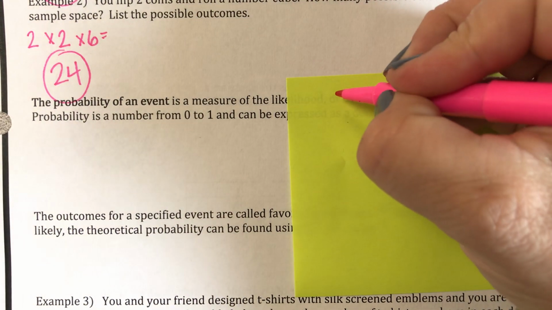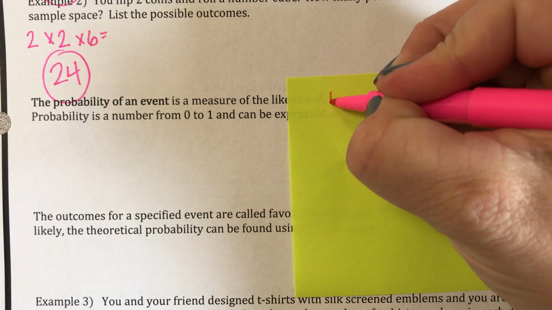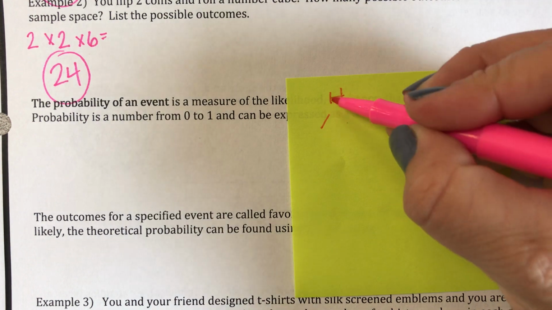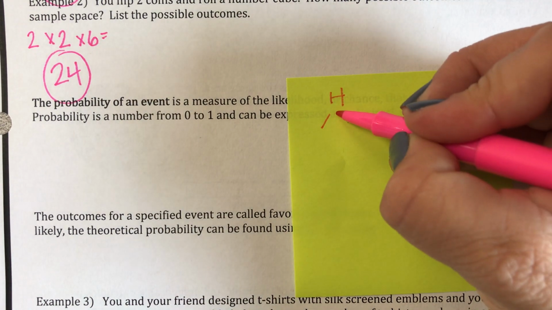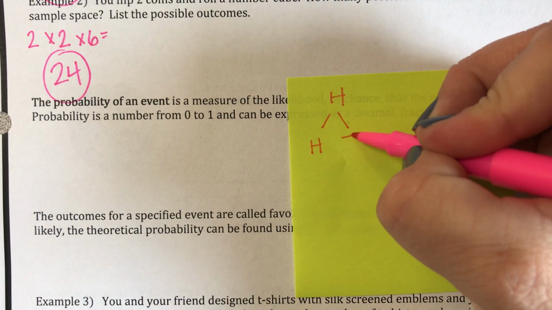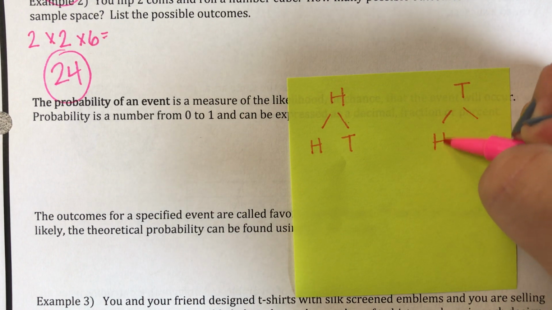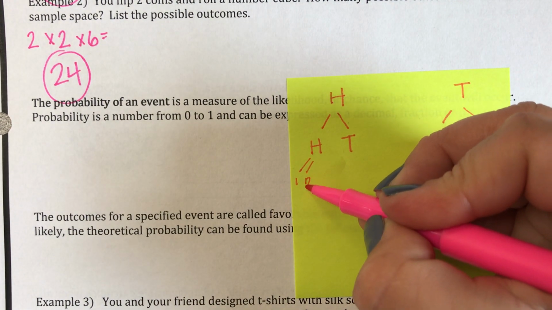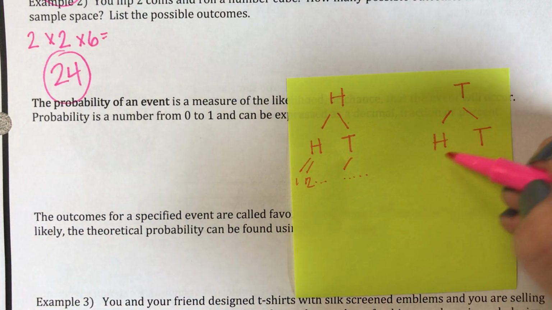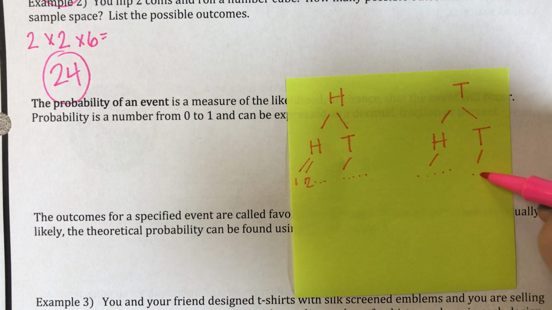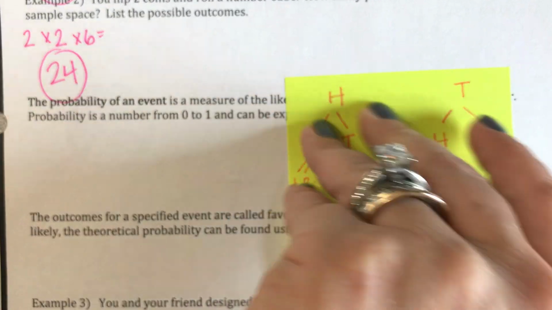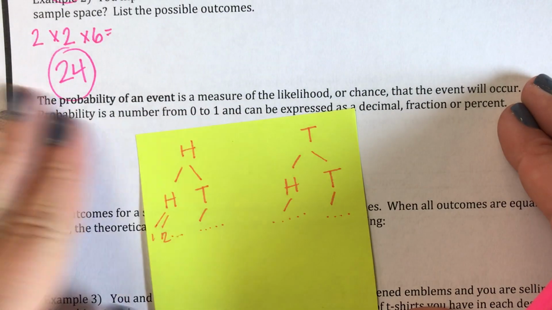So for example, on your first flip, you could get heads or tails. Second flip, heads or tails. And then under each you could get 1 through 6. So this can help you when you're listing out your sample space.